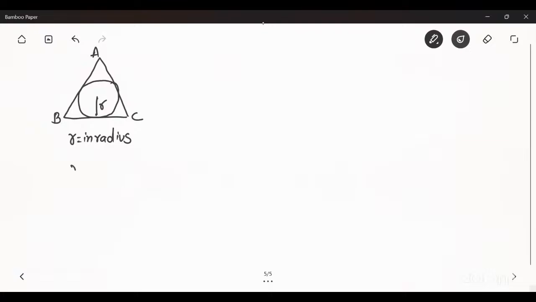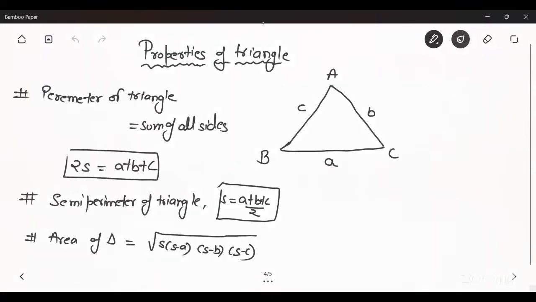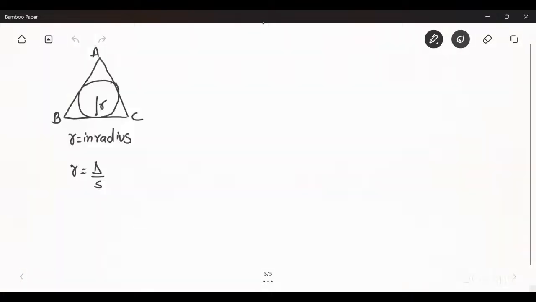And the formula of this inradius will be delta upon S, where delta denotes the area of triangle. Okay, delta upon semi-perimeter. Area upon semi-perimeter is known as the inradius of triangle.